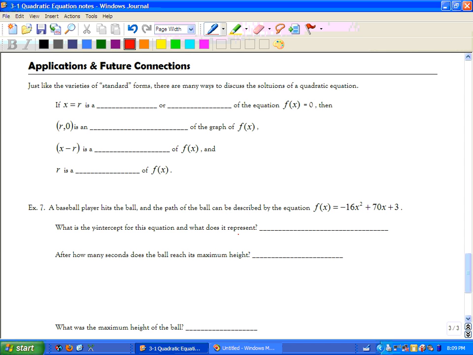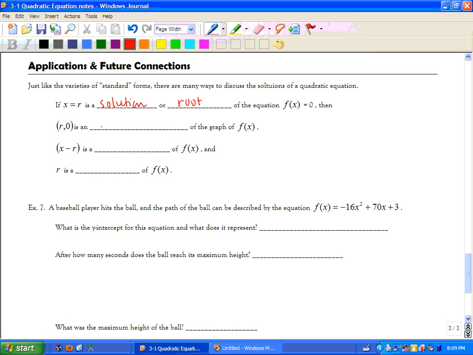So just like the amount of versions of standard forms that we have, there's many ways to talk about the solutions of a quadratic equation. Sometimes we say if x equals r is a solution, we'll refer to it as that. Or sometimes we call it a root of the equation when you set it equal to 0.